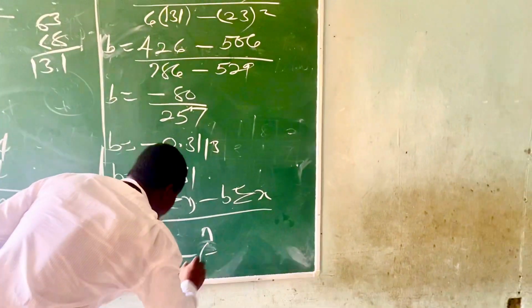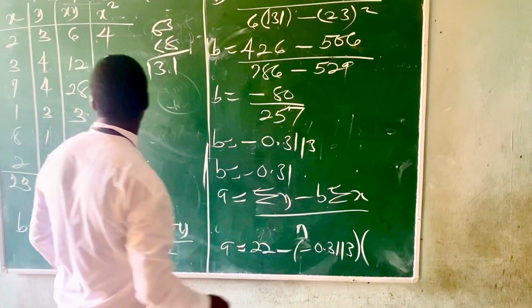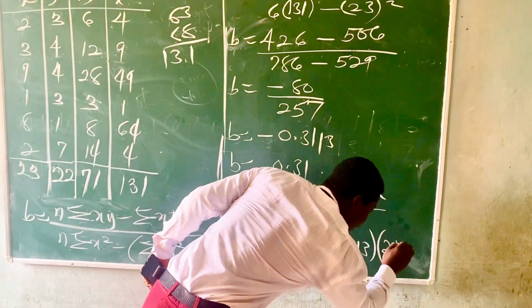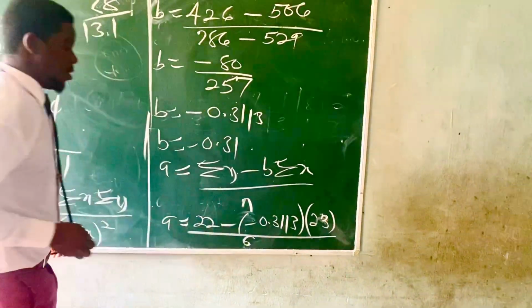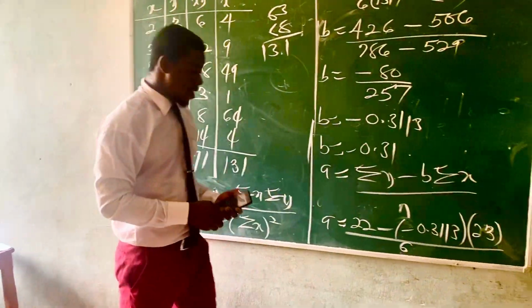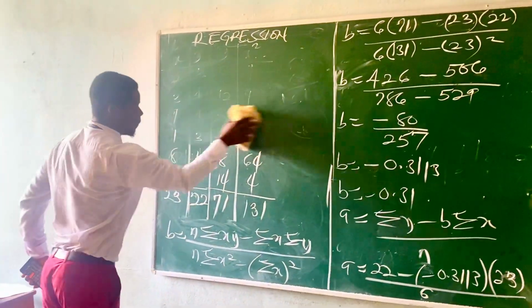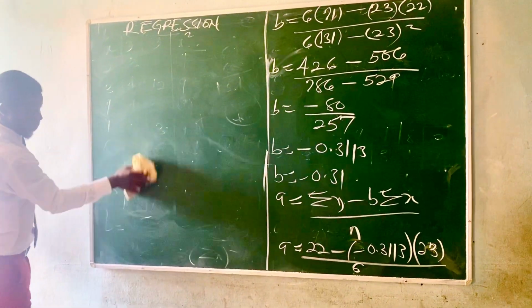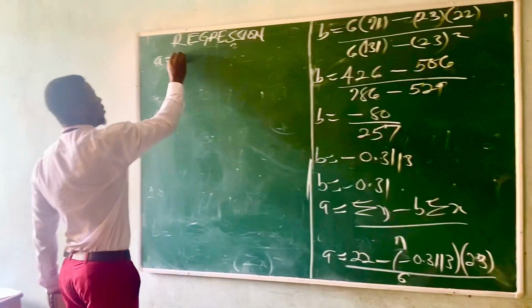So you have open bracket negative 0.3113 close bracket, multiplied by, of course, summation x, which is 23. So you have your 23 here. Then everything divided by your n, which we counted here, which is the number of observations, to be 6. And then from here, now you see that your a equals, of course, 22.